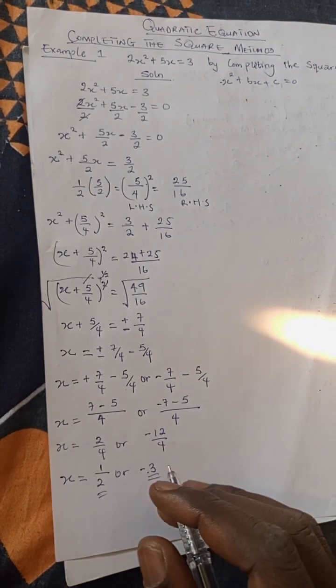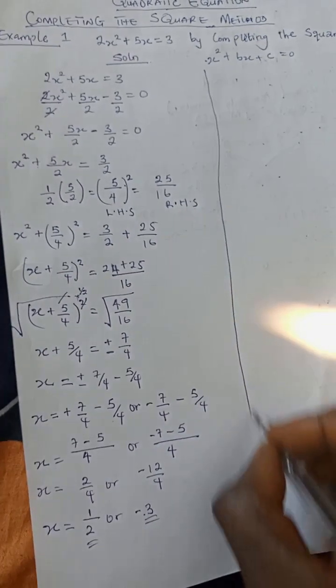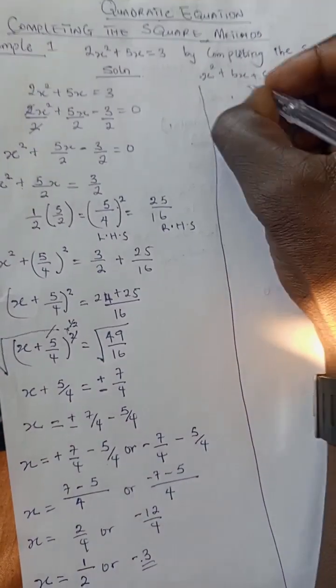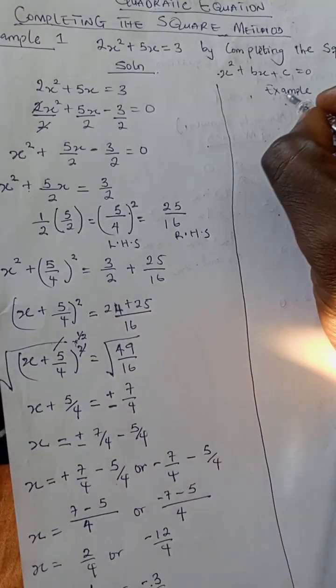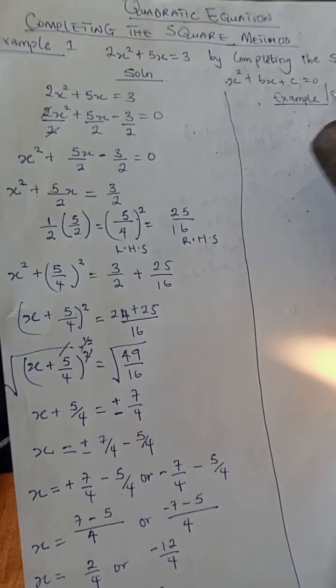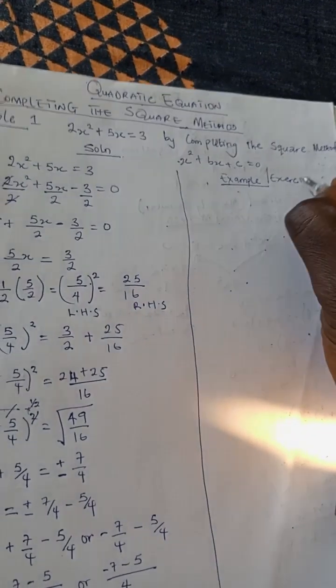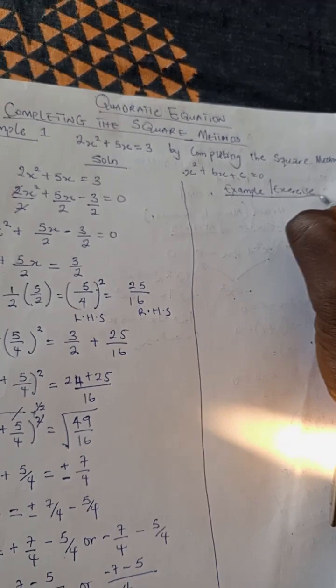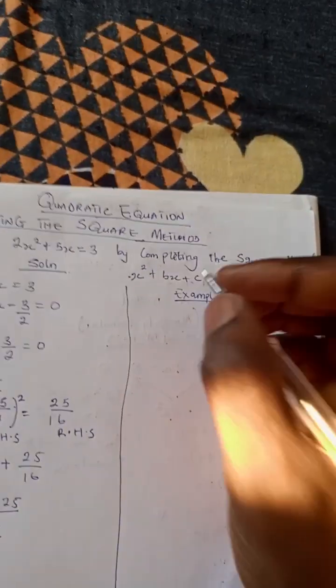I'm going to give us an exercise such that when we come next, you can drop the answer in the comment section. You do justice to the question by solving it and then dropping the workings. You can snap the workings and drop it.